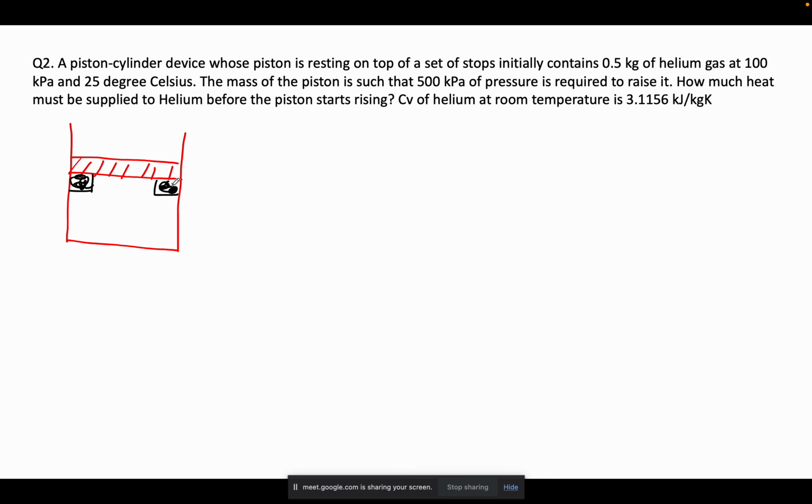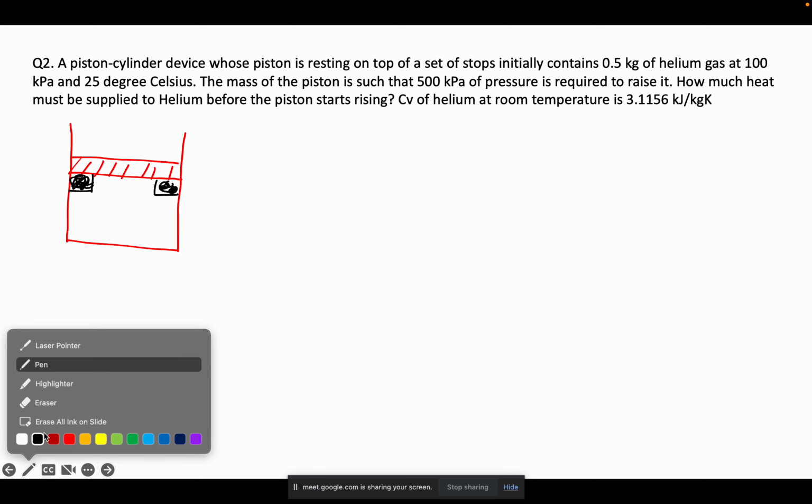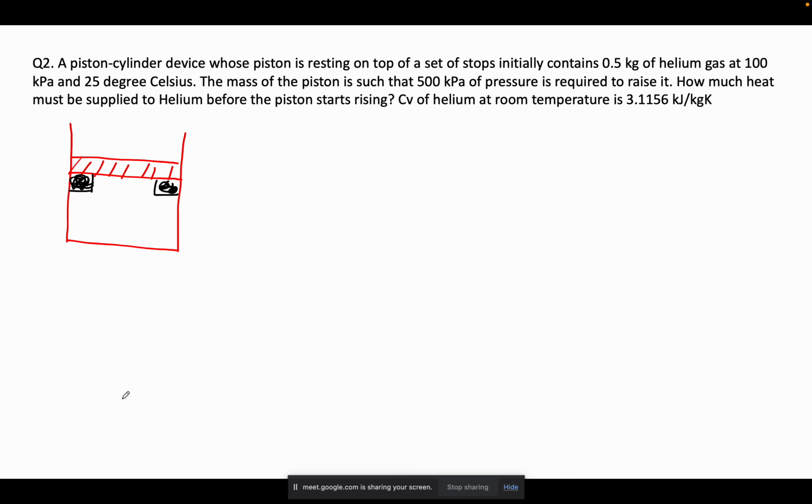It is resting on the stoppers, held by force balancing. When it is resting, the mass of helium there is 0.5 kg, and the pressure is 100 kilopascal.